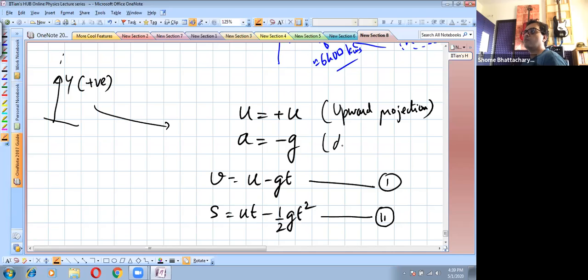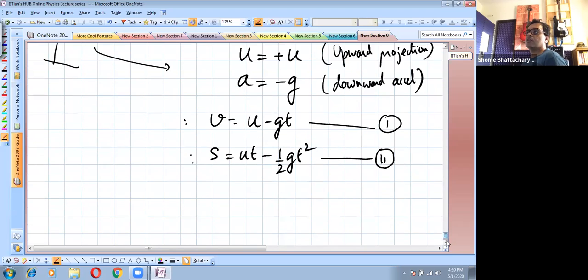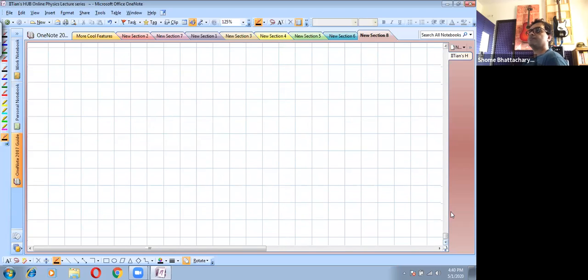So because it's acting downward, it has a downward acceleration due to gravity. The earth is pulling it down with mg force. So the acceleration is mg divided by m, so that's g, but in which direction? Downwards. So hence it's coming with a minus sign. And then we are just using the formula v is equal to u plus at, and the formula s is equal to ut plus half at square. So from that we understand how the motion is. Okay. So let's look at an example of this next.